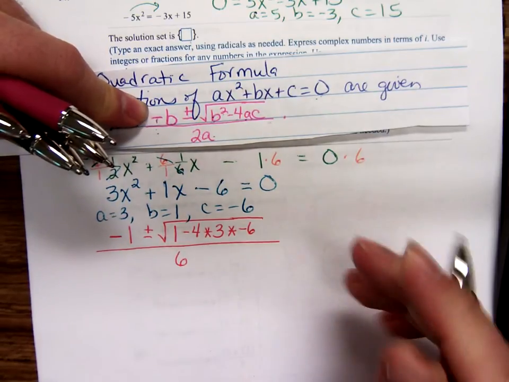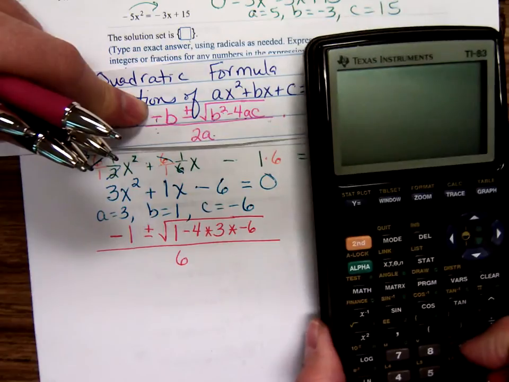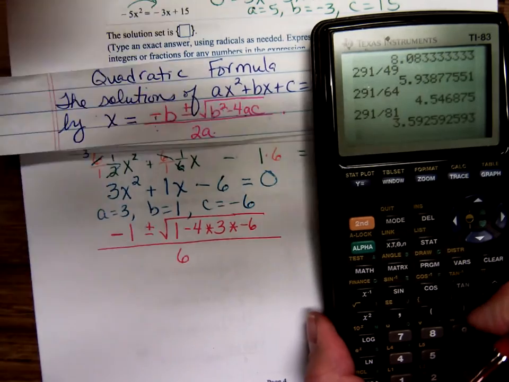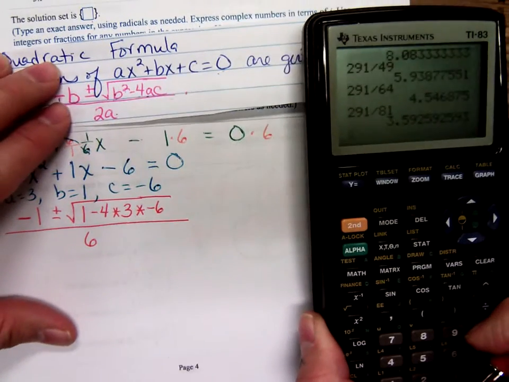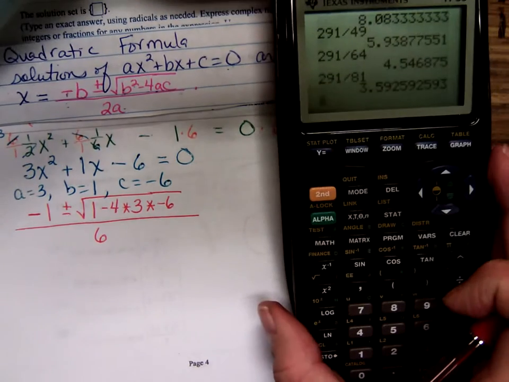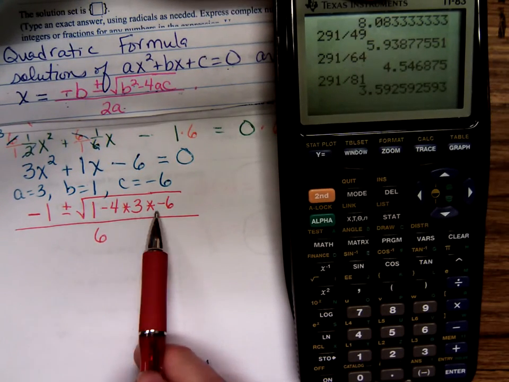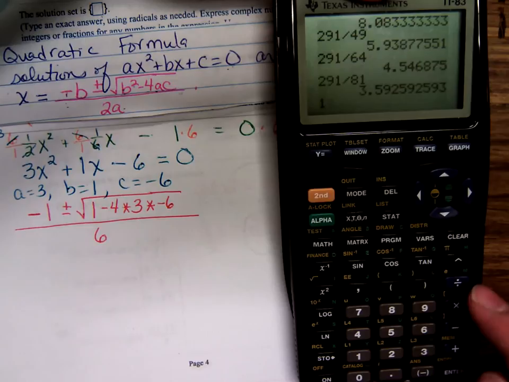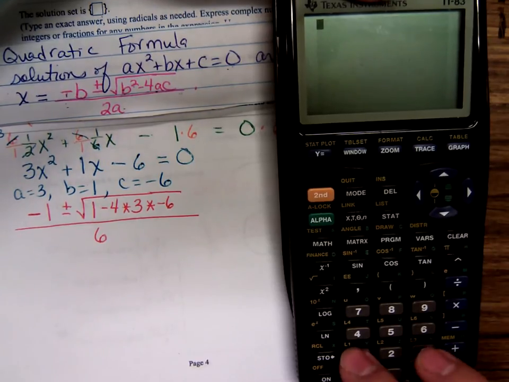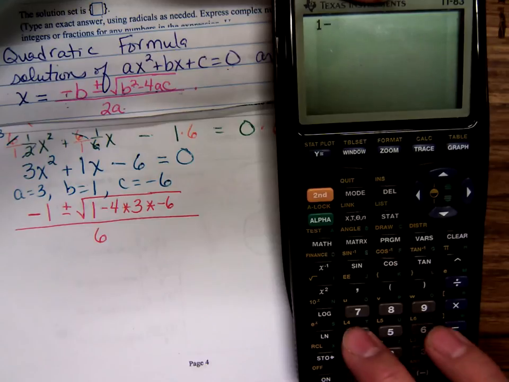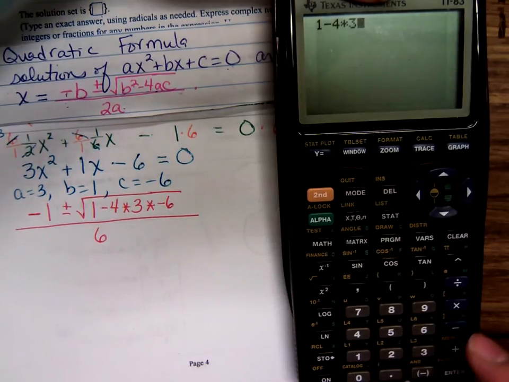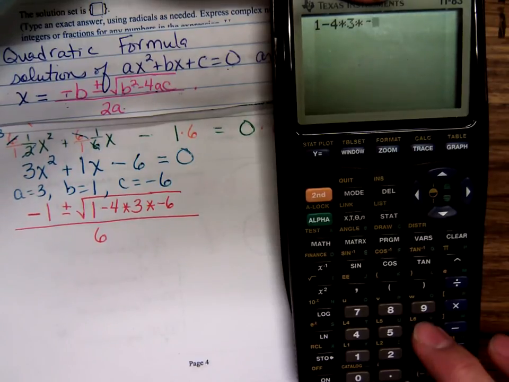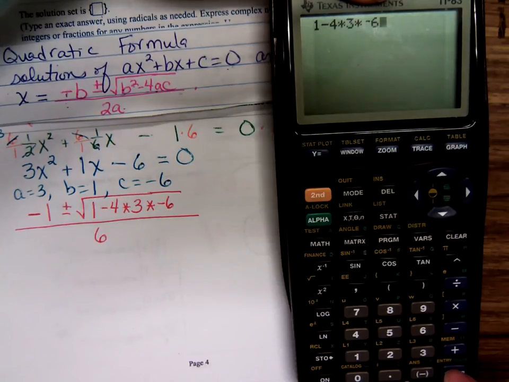Put in my calculator now. And I'm punching in this stuff right here. 1 minus 4 times 3 times, now this is a -6, not a subtract 6, -6, enter, 73.